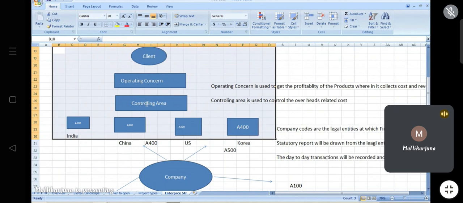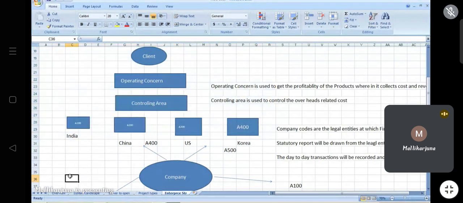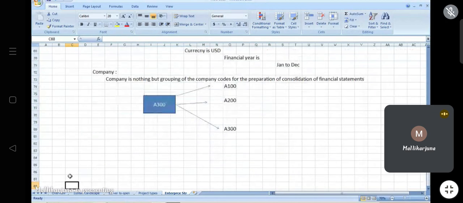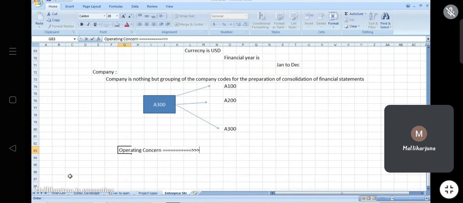When you talk about operating concern and controlling area, we have shown only a 1:1 ratio. Does it mean that there is one operating concern and one controlling area?